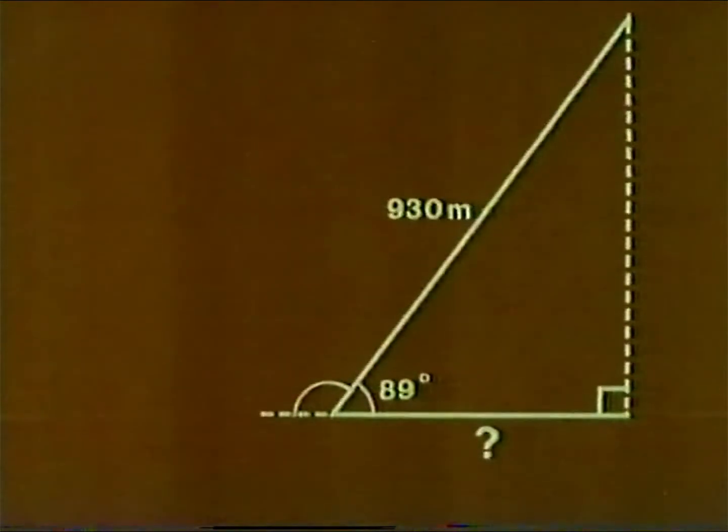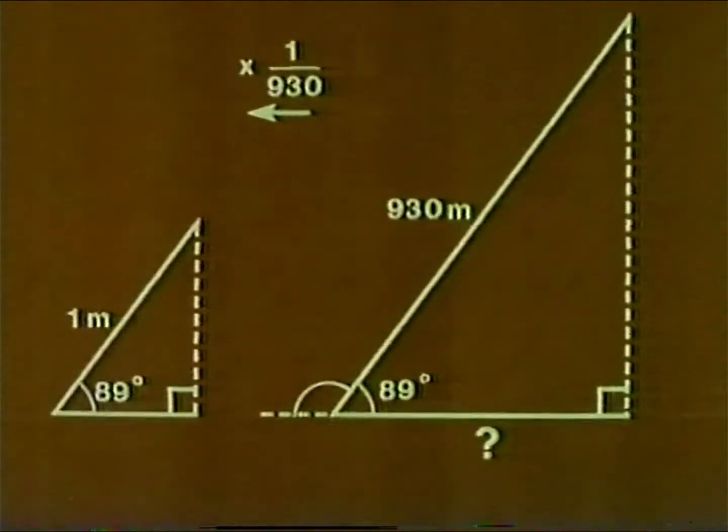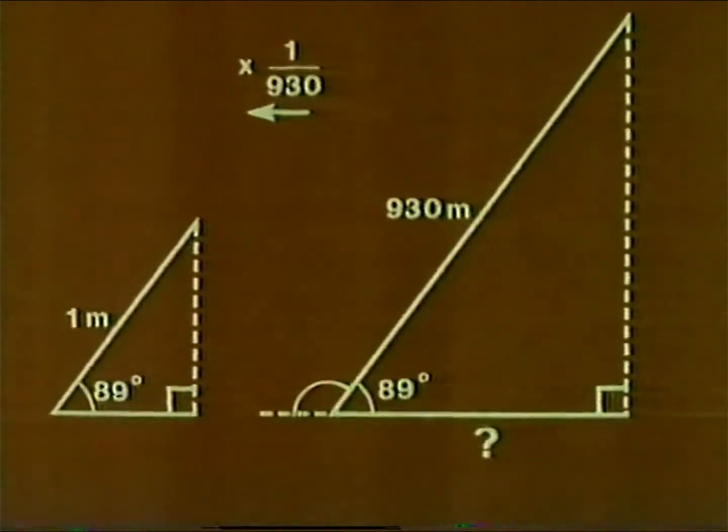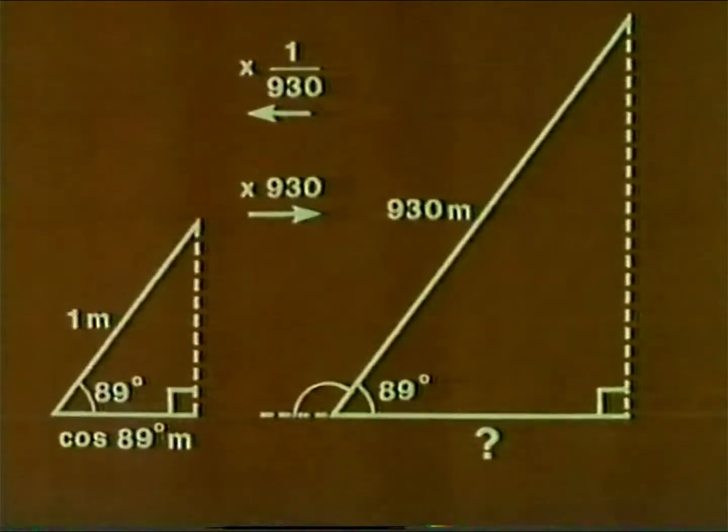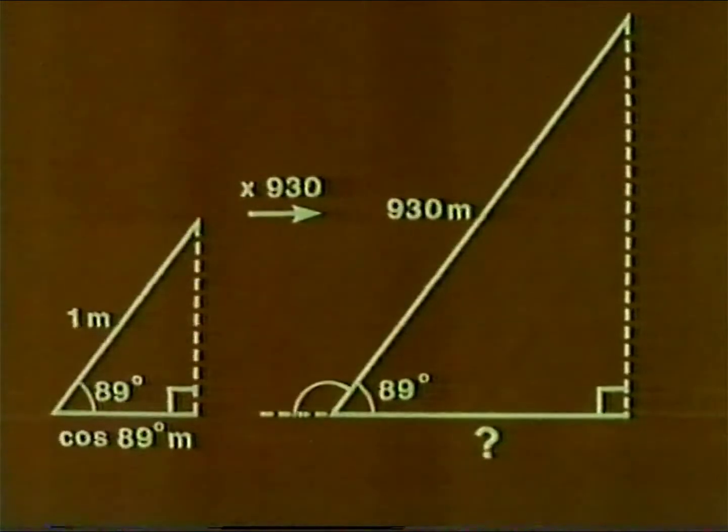We use a scale factor, in this case 1 over 930, to create a triangle with hypotenuse 1 meter. The length of its horizontal side will be cos 89 meters. Reverse the mapping to get the corresponding length of the original triangle.